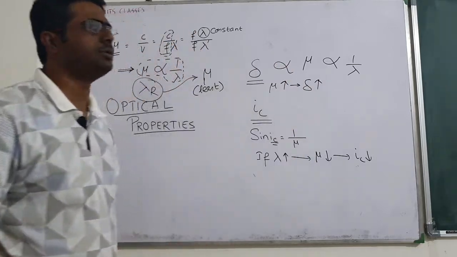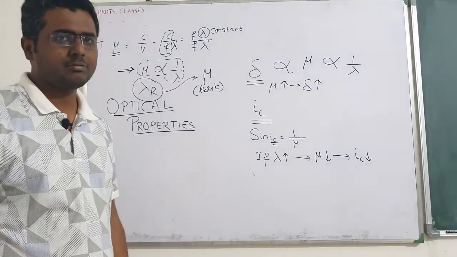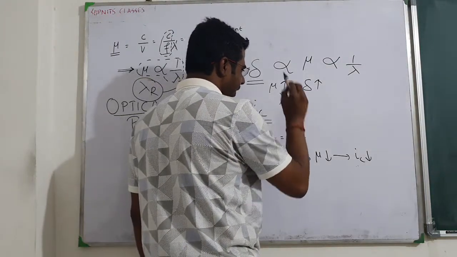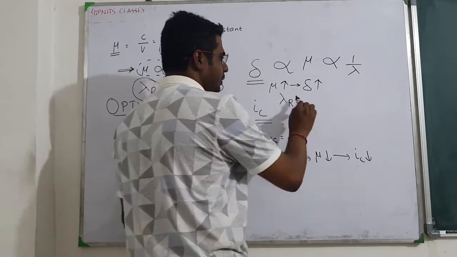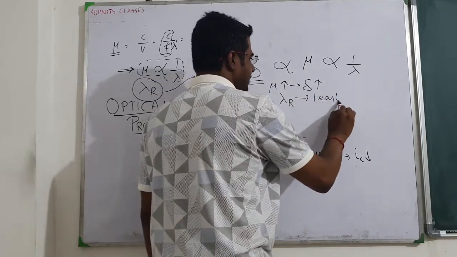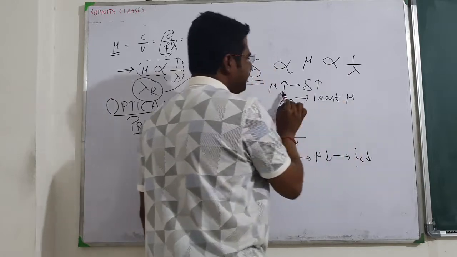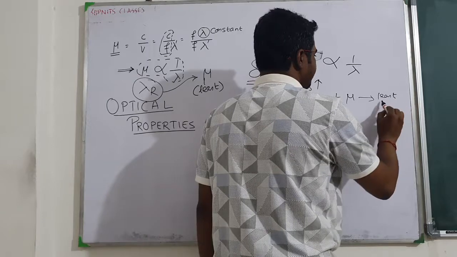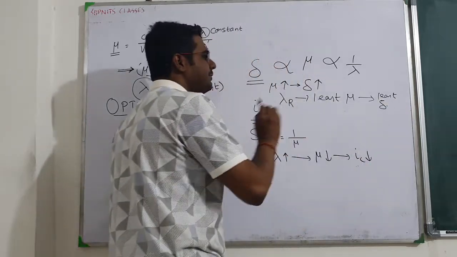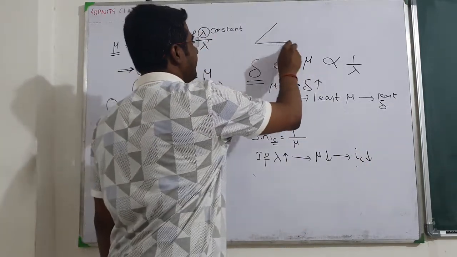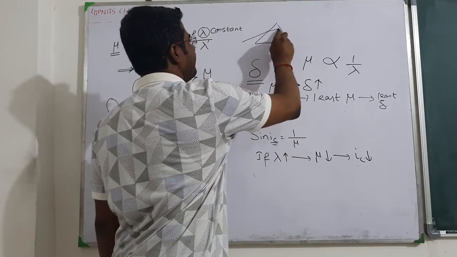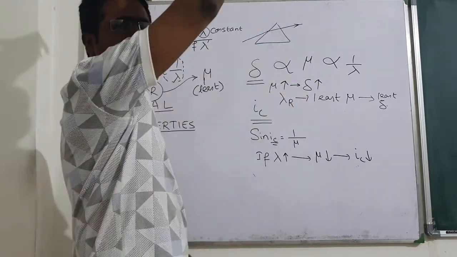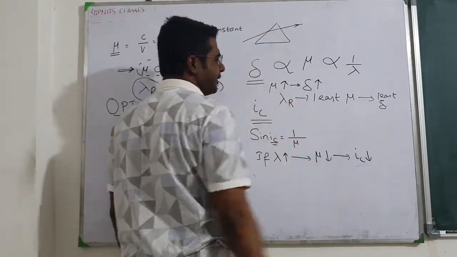Now if somebody asks which color of light has the highest deviation, first I will find out: red has the highest wavelength, it will have the least mu, and least mu means least deviation. In the spectrum, we know that red color is deviated the least, it forms the top of the spectrum. So it has the least deviation.